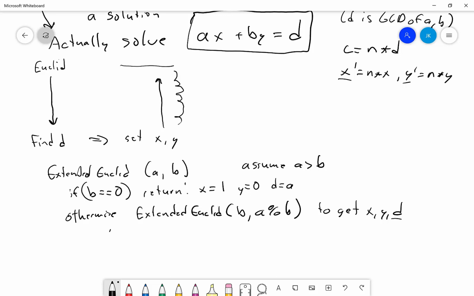We're going to set x prime equal to y. We're going to set y prime equal to x minus a over b, not b over a, a over b, times y. And it's important to note that this is integer division.